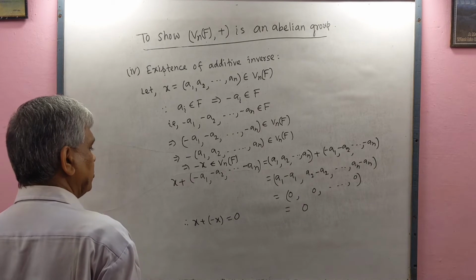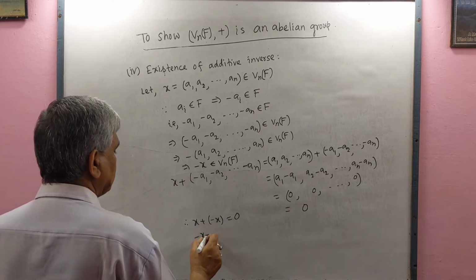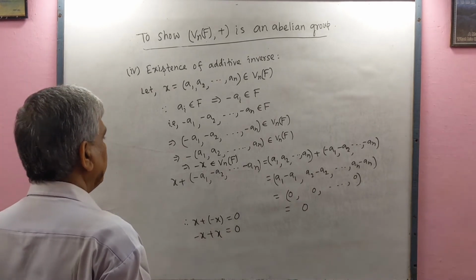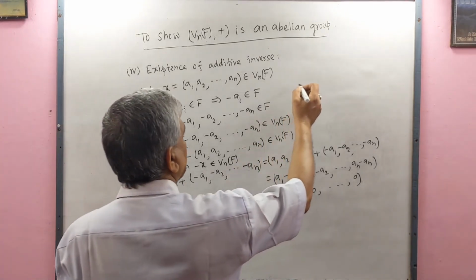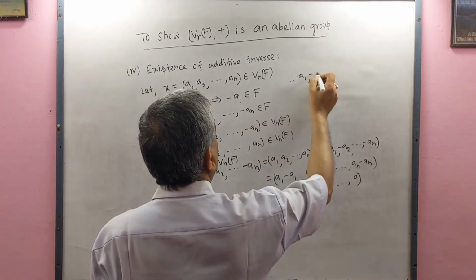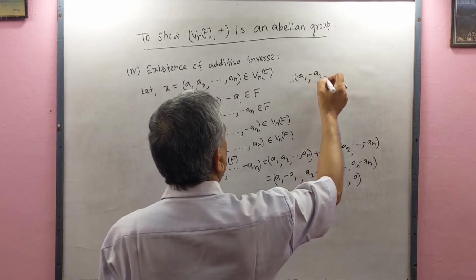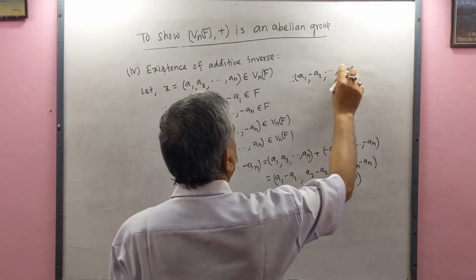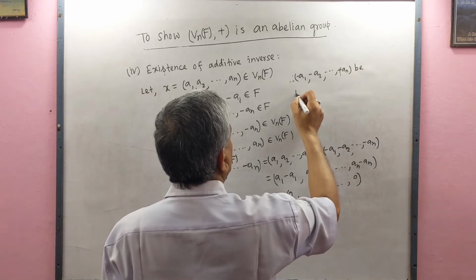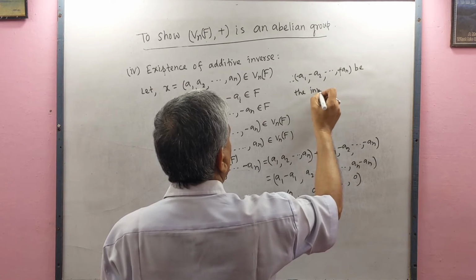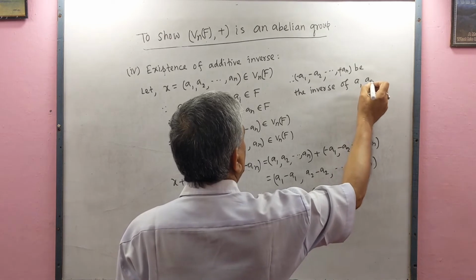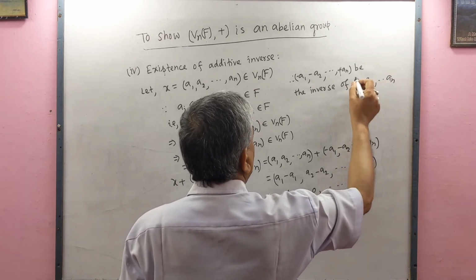Similarly, we may show that minus x plus x equal to 0. Therefore (minus a1, minus a2, ..., minus an) is the inverse of (a1, a2, ..., an).